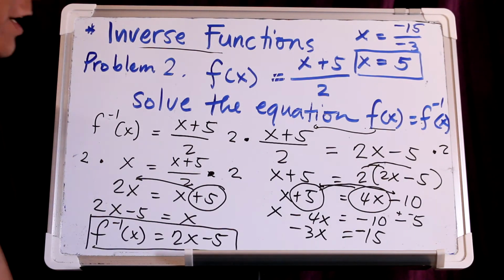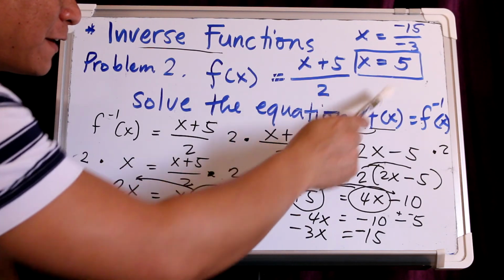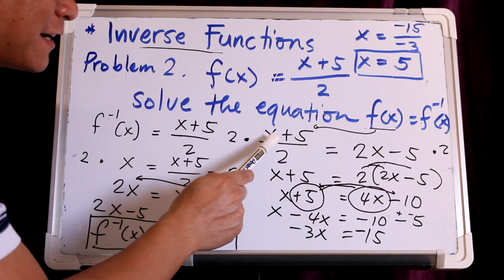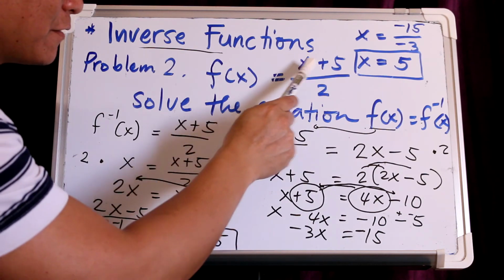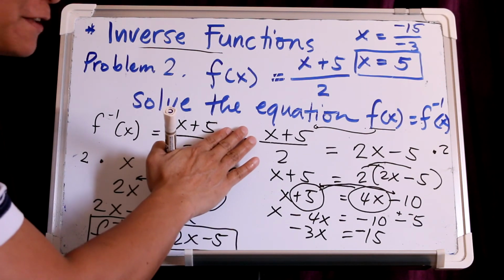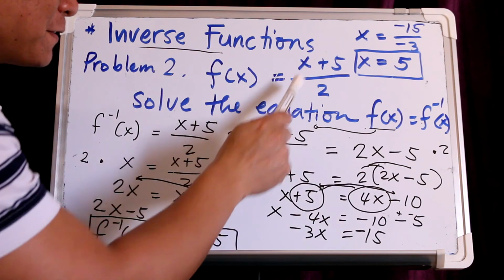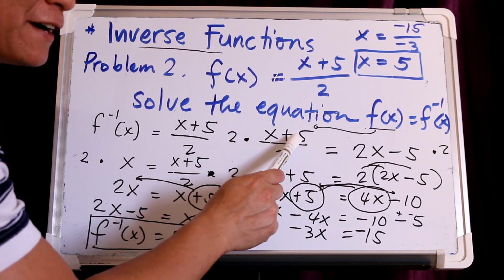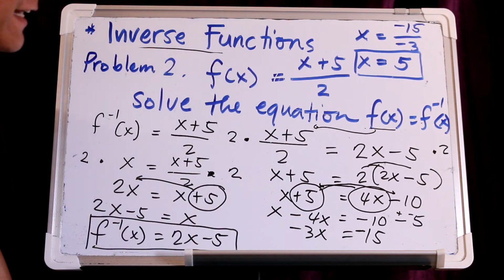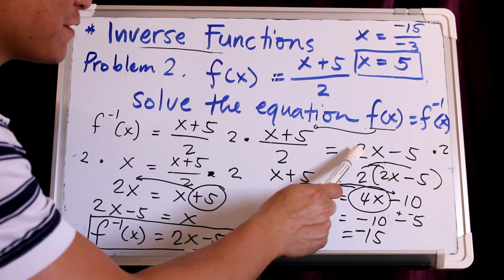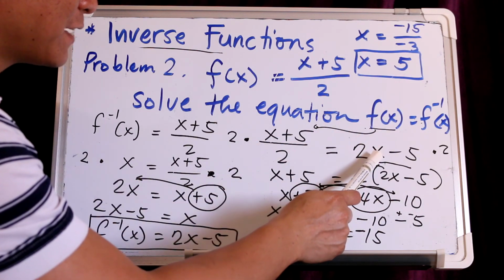Let's check. If we write this 5 here, so x plus 5, right here, by the way, this is the original without the 2 because we transposed with the 2. So x will be 5, that means 5 plus 5 is 10 divided by 2. The answer is 5. And right here in our inverse function also, the x is 5, right?